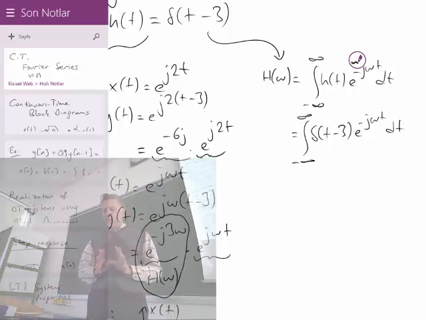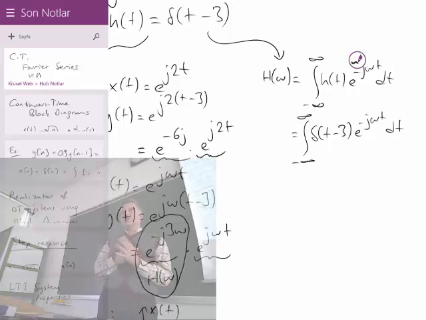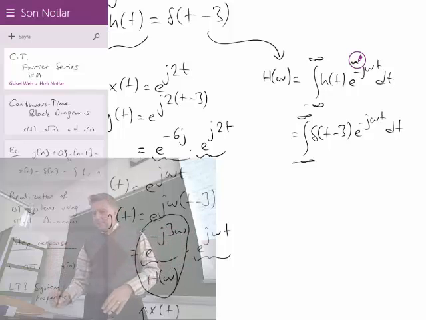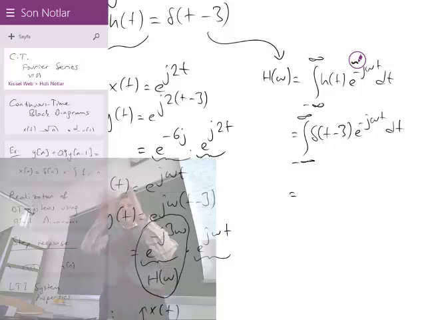Now notice that inside the integral we have an impulse which makes all the t values 0 other than t equal to 3. At all other places it becomes 0. So when you multiply an impulse with a function, only that certain point of the function will be multiplied by this impulse, and all the others will be 0.